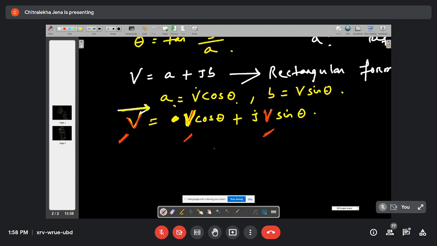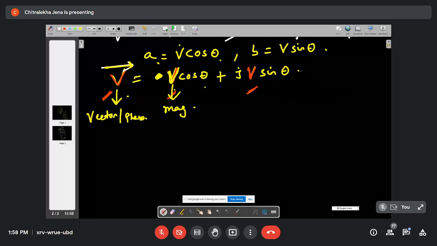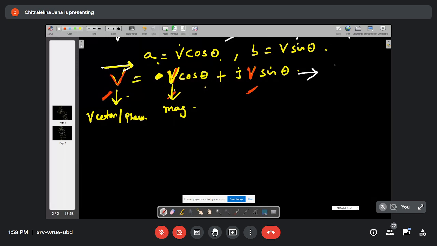So V is equal to V cos theta plus jV sin theta, where this is the magnitude and this one is your vector or phasor. This form of notation we call the trigonometrical form. Did you not study this in complex numbers?